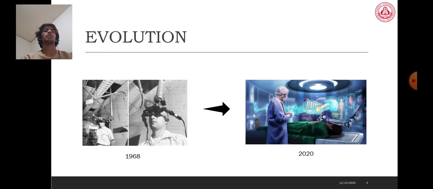In 1968, Ivan Sutherland, the American computer scientist and early internet influence, invented the head-mounted display as a kind of window into a virtual world. But now, augmented reality is widely being used for studies, entertainment, military, and many other fields.